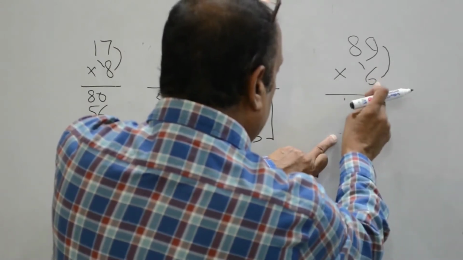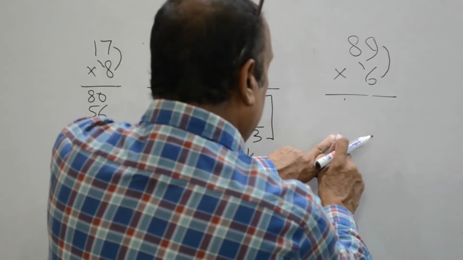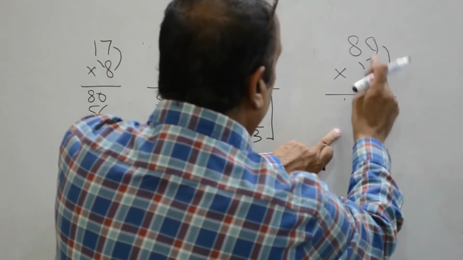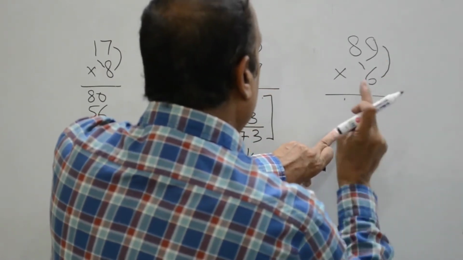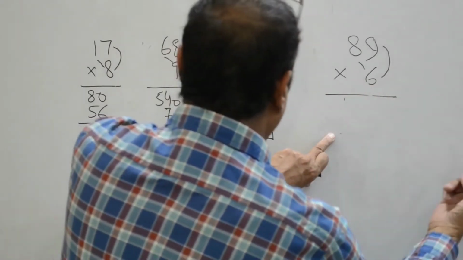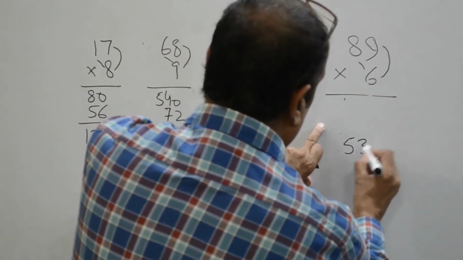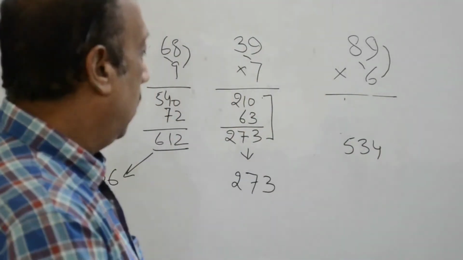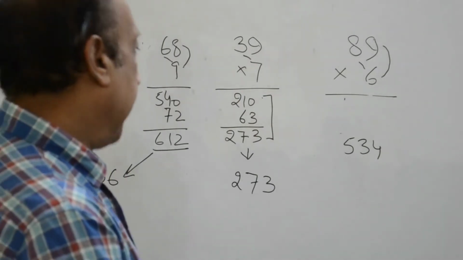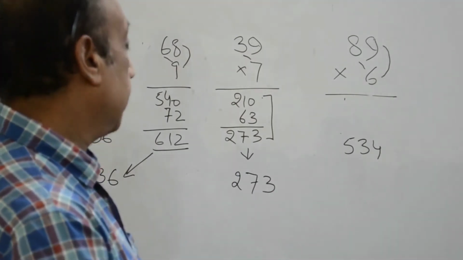So from this 54, take out 20. 480 will become 500, and after taking 20 from the 54, we will be left with 34. So the total will become 500 plus 34. It will become 534. So after doing a certain level of practice, we can very easily calculate such multiplications.